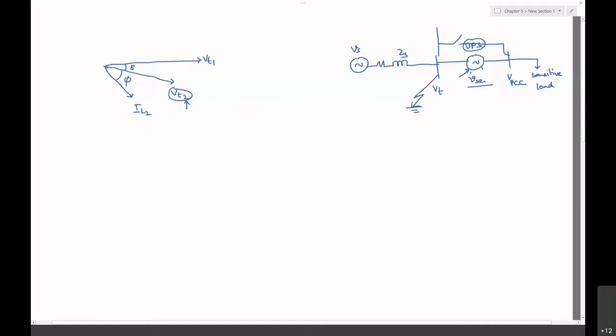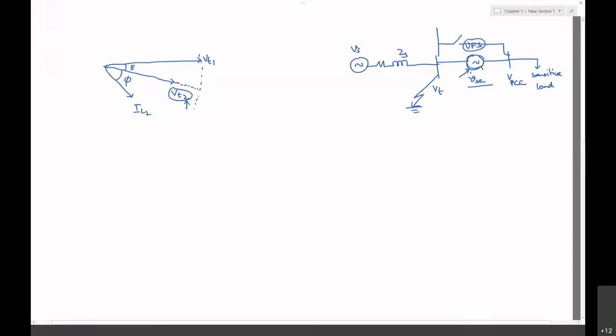In this case, we are connecting a series device. This is going to correct the voltage. Assume at this particular point, it is going to bring the voltage back to the nominal voltage of 1 per unit.